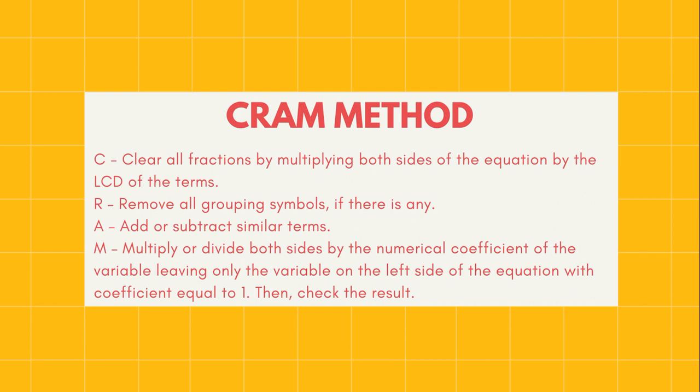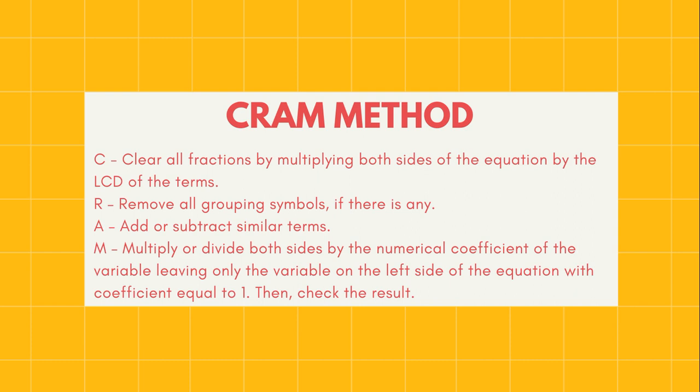A stands for add or subtract similar terms. And last, M, multiply or divide both sides by the numerical coefficient of the variable, leaving only the variable on the left side of the equation with coefficient equal to 1. Then, check the result. Okay, so first po, dyan sa ating C, i-clear po natin yung ating fraction.